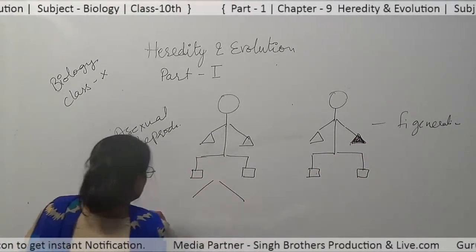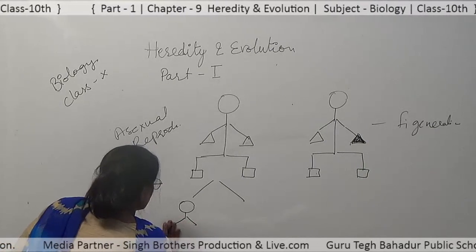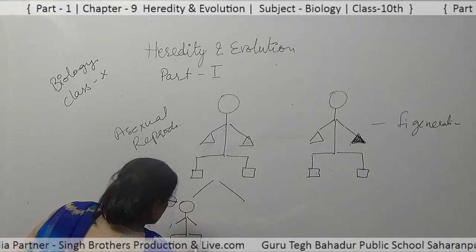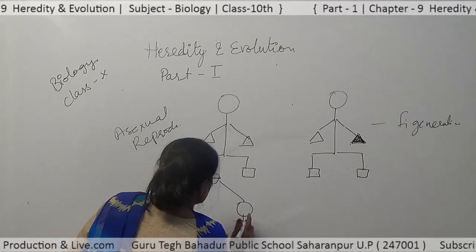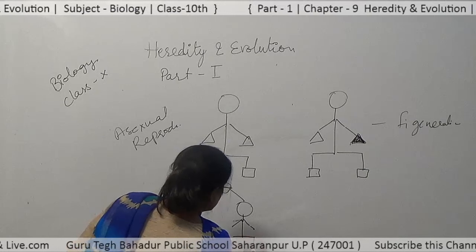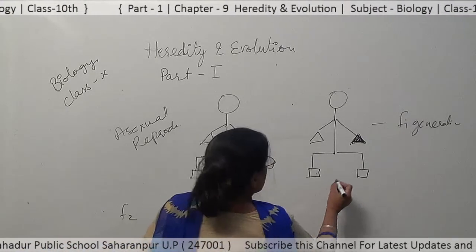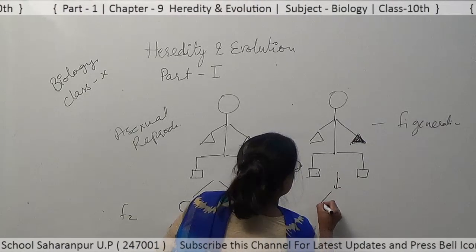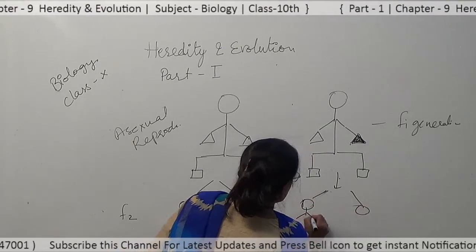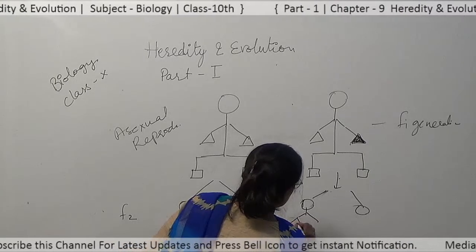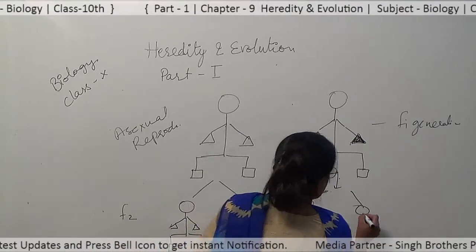So when they again divide, they will produce two offspring each, and we will see that they again have dissimilar characters.